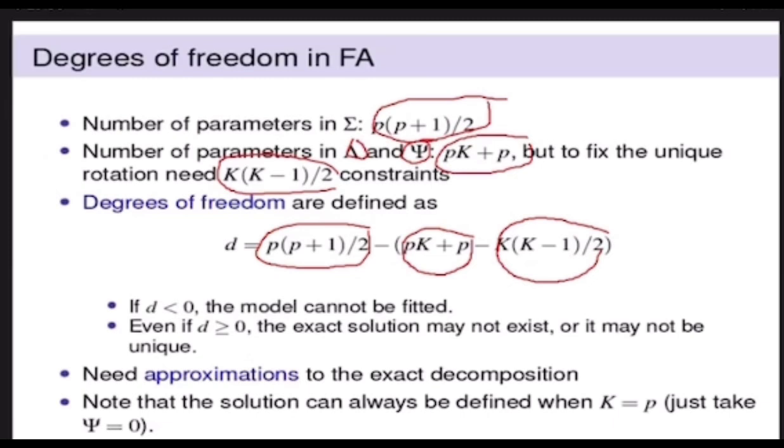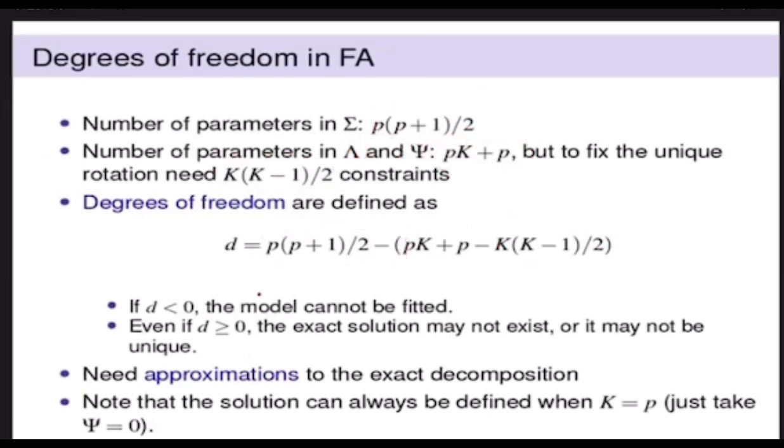Now let me tell you this. If the degree of freedom is negative, then that model cannot be fitted. Does that make sense? So it must not be negative. If the degree of freedom is greater than or equal to 0, we may not have an exact solution, which means there is a need for an approximate way instead of considering exact decomposition.